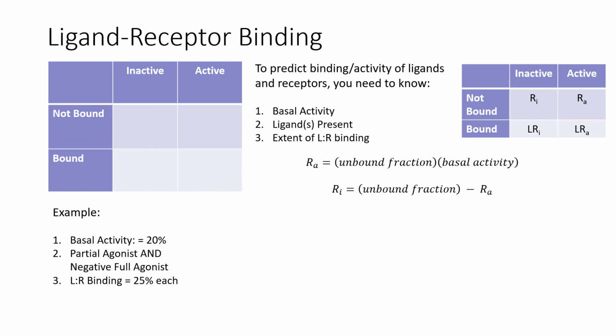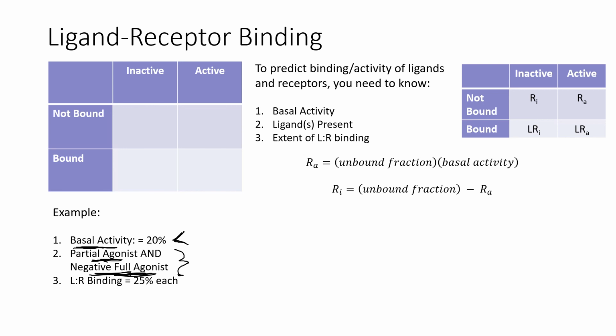And so in this third example, we're going to make this a bit more difficult. If we have a basal activity, where if we have an unbound receptor, 20% of them are going to be active still. However, this time, we're going to put 2 ligands into the mix, where we have a partial agonist and a negative full agonist. For one of these ligands, when it's bound, most of the receptors that are bound to this first agonist are going to be active.